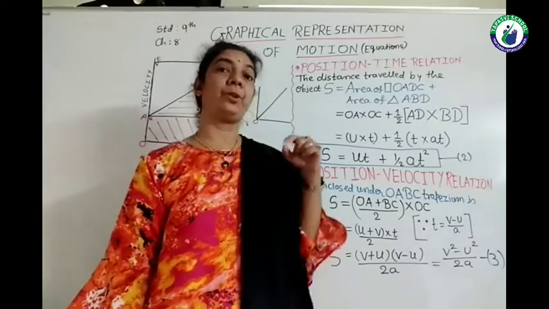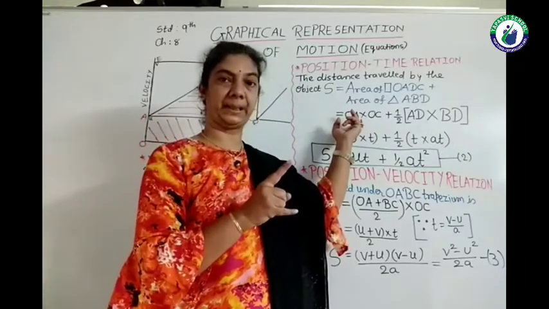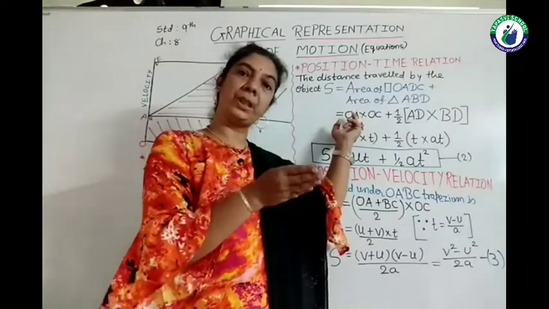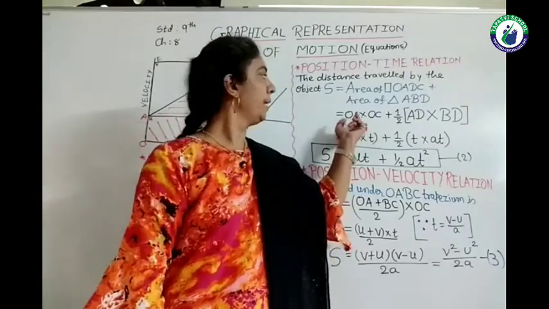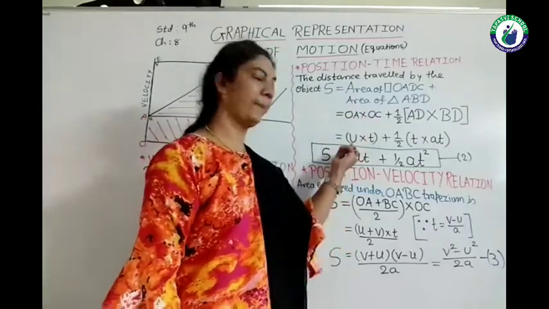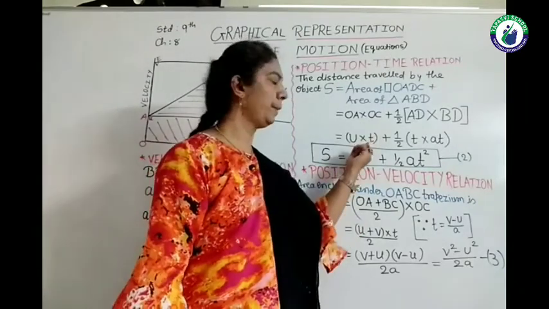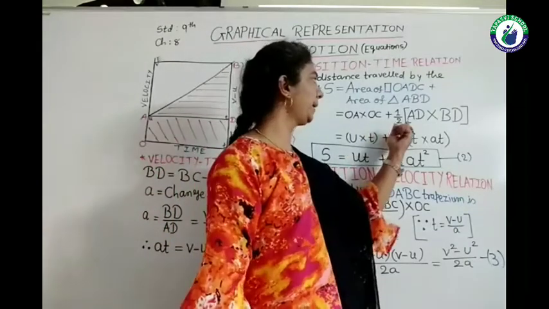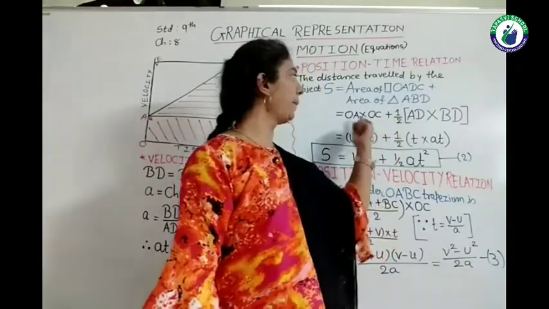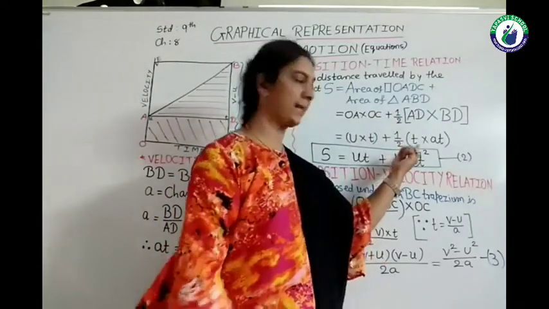Now substitute the physical quantities. These are the mathematical formulas; now we have to substitute the physical quantities in this. So OA represents u, initial velocity. OC represents time. Half remains as it is. AD is again parallel to OC, that's why we can write that also as t.